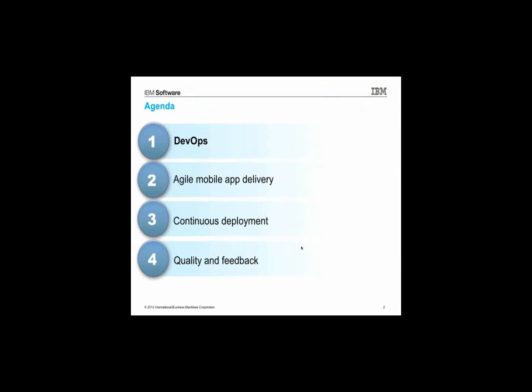And then in part two, we'll look at applying lean and agile techniques to mobile application delivery. In part three, we'll take a look at continuous deployment as a practice, a key practice that we certainly advocate and have software that supports. And then in part four, we'll talk a lot about mobile quality. And I've got a very exciting announcement, and I want to make sure that you're aware of a very special offering that we have in this area.